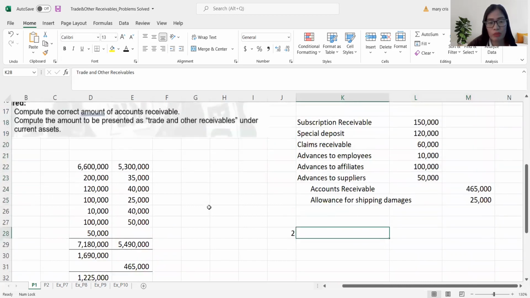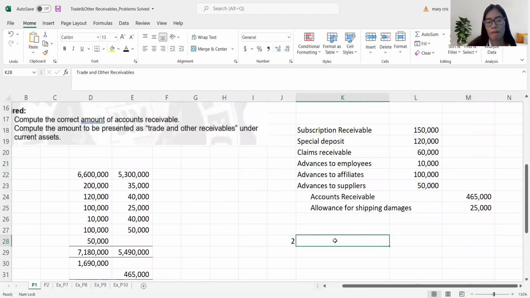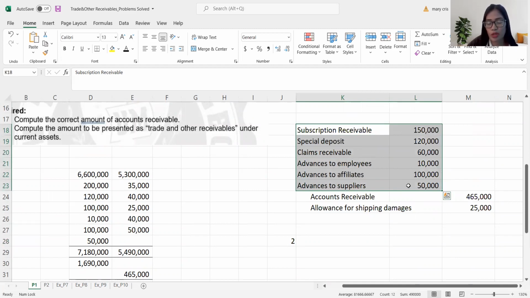So we can now proceed to requirement number 2. These are now the different receivables. We will identify whether these receivables are to be classified as current or non-current.